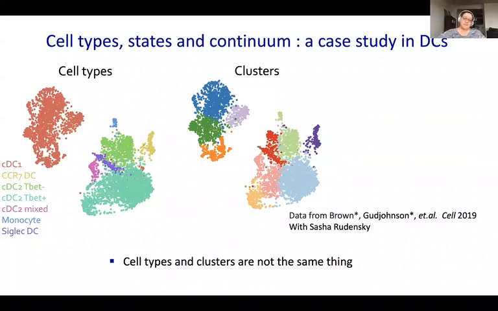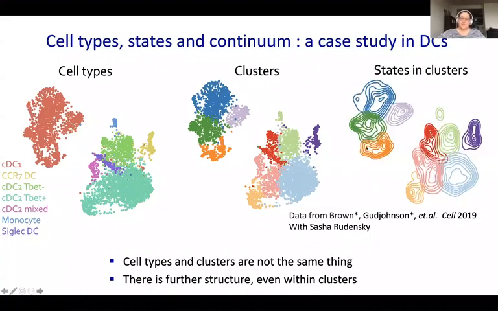And the clusters are also not the be-all, end-all. If you look at the landscape, if you look at the contour plots of the data density, you see that even within each of these clusters, there seems to be more shape and more structure, and the density doesn't form a nice uniform Gaussian ball where most of the density is in the middle.